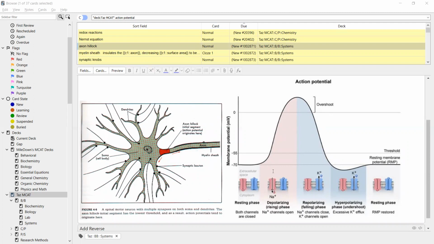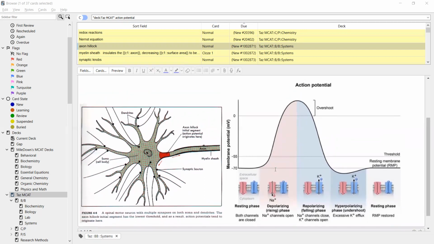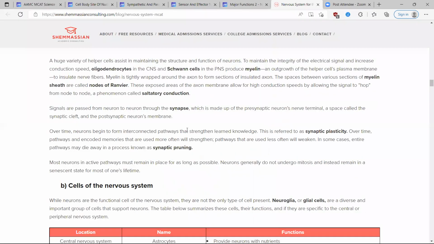Now, when the neuron starts receiving those electrical signals, and enough of them, that's when sodium starts filling into the cell. Once enough sodium fills into the cell, which is at negative 55 millivolts, the threshold potential, that triggers an opening of voltage-gated sodium channels.